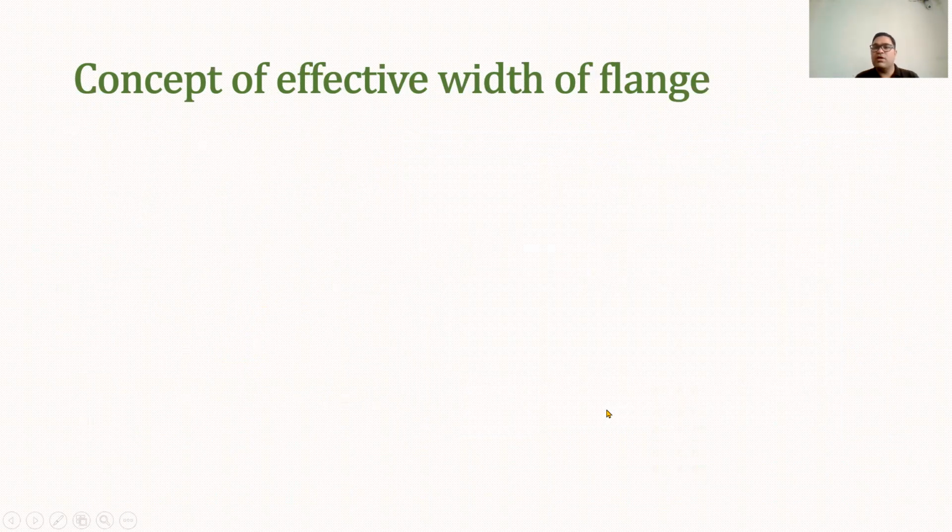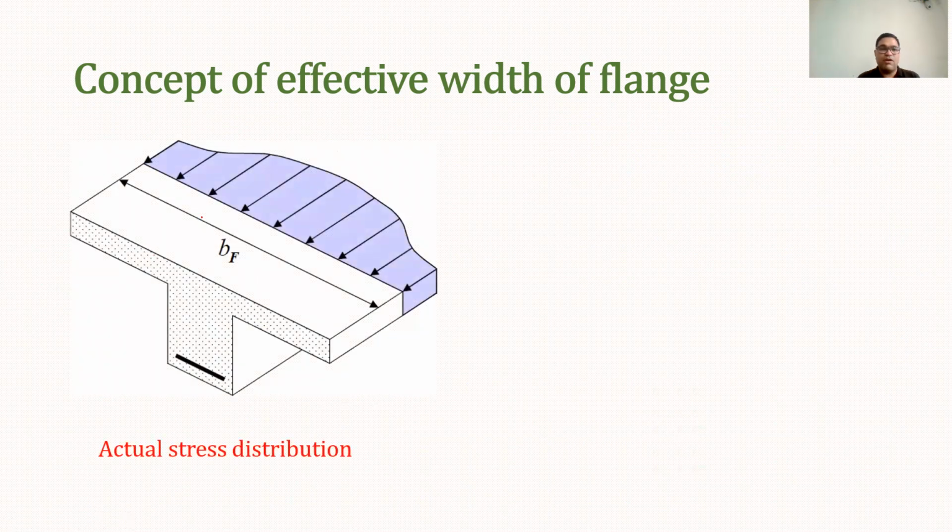Now, we have to understand another very important concept, and that concept is the effective width of flange. Here we need to understand how much width of flange is to be considered in our design. For that, we need to understand the variation of the compressive stress along the width of flange. Generally, when we see the compression along the width of flange, we see that the compressive stress is varying across the width.